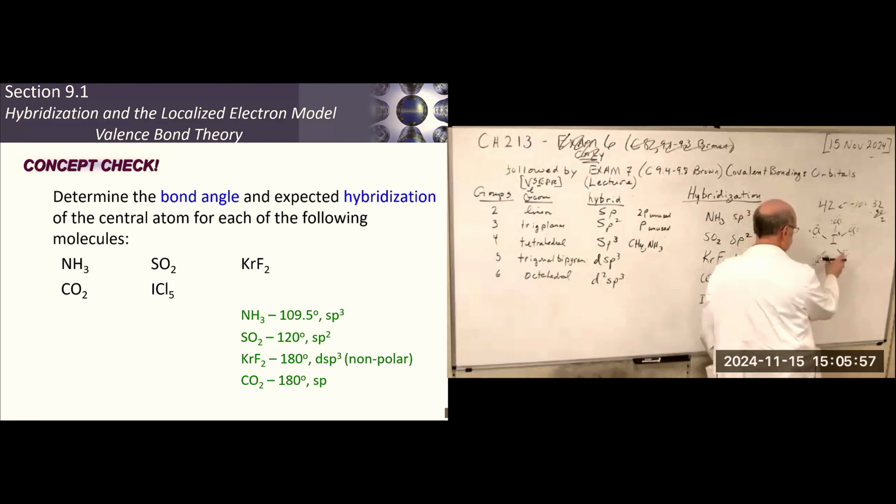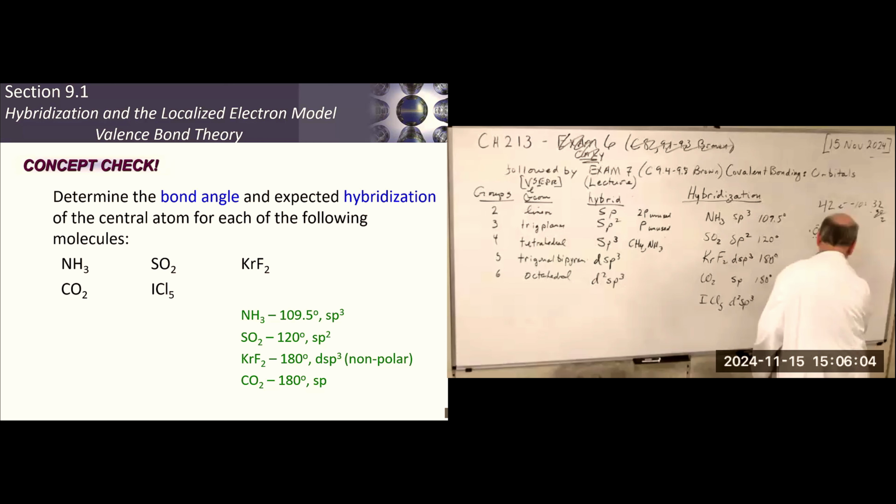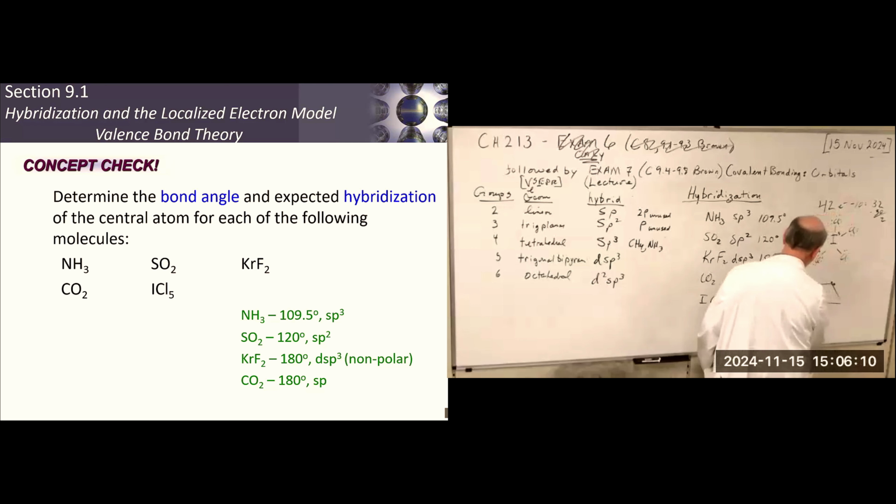Now, if it's octahedral, where does that lone pair go? The lone pair goes on a square. So if we draw it like this, you're going to have a lone pair there, a chlorine here, chlorine there, chlorine there, an iodine in the middle, and a chlorine up here and a chlorine down there.